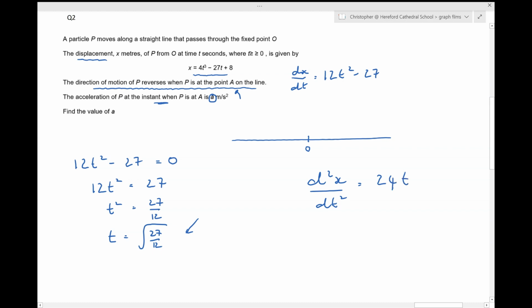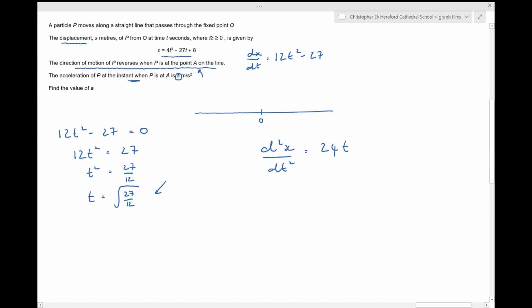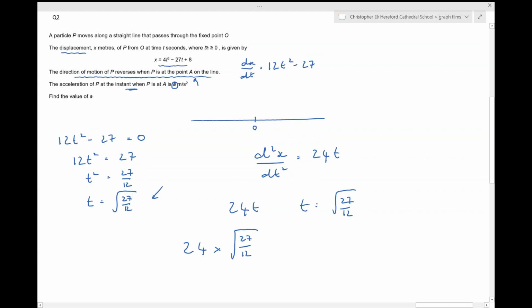So all I'm really being asked to do is to evaluate 24t when t equals the square root of 27 over 12. And I'm beginning to wish I had my calculator now to work that out. But into my calculator, I would simply have to write 24 times the square root of 27 over 12, and that would give me my answer for a.